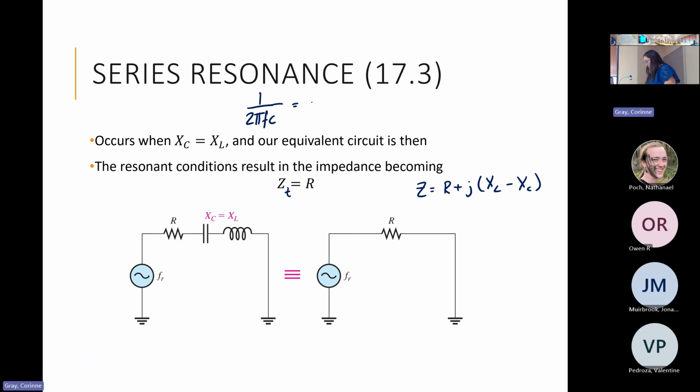And if that is equal to XL, which is 2 pi frequency times inductance, how can I go through and solve for frequency?